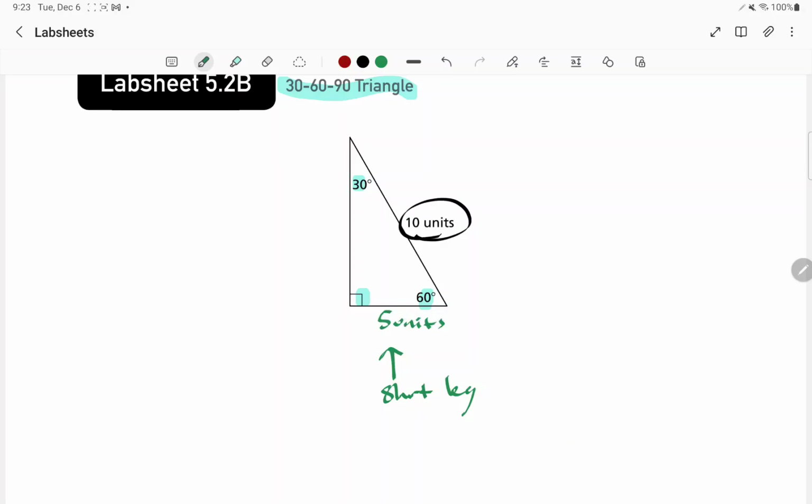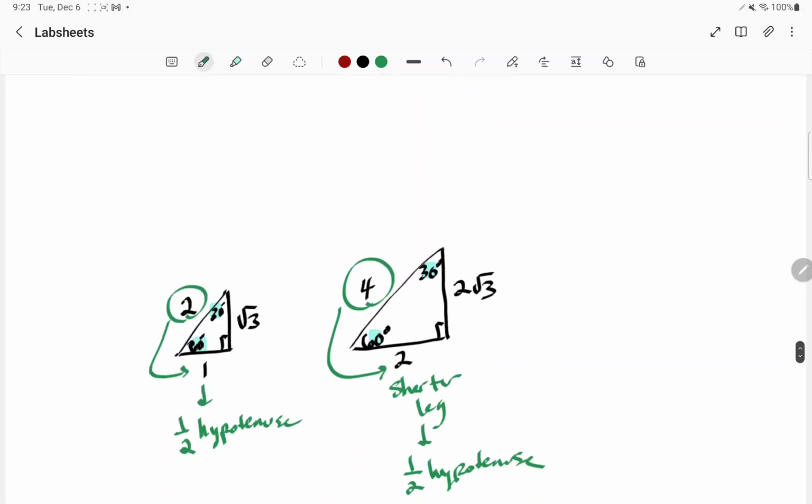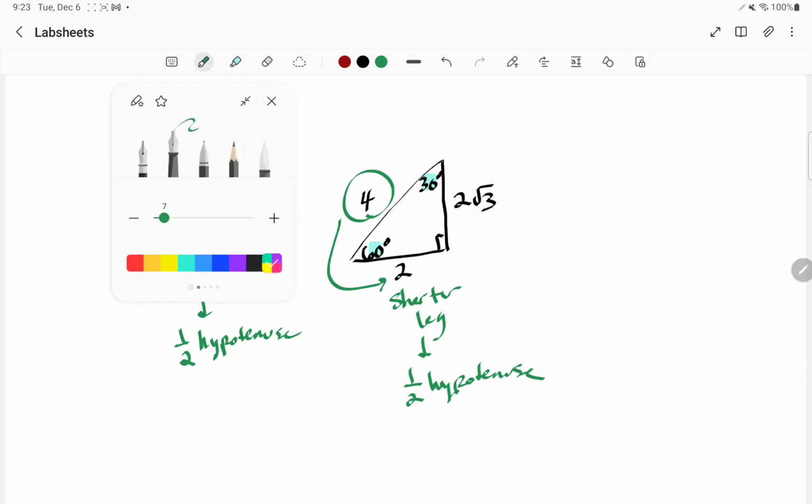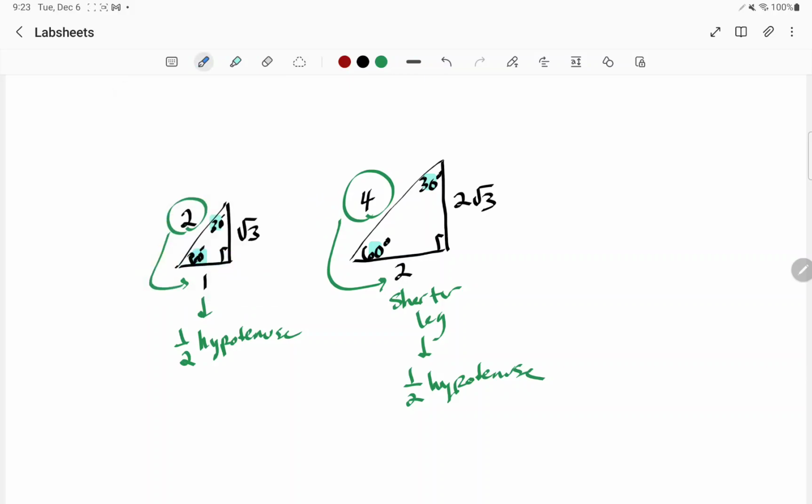Now that we found that, we could do a squared plus b squared equals c squared, but let's look at the properties. Now let's take a look at the short leg compared to the longer leg. What's that relationship?